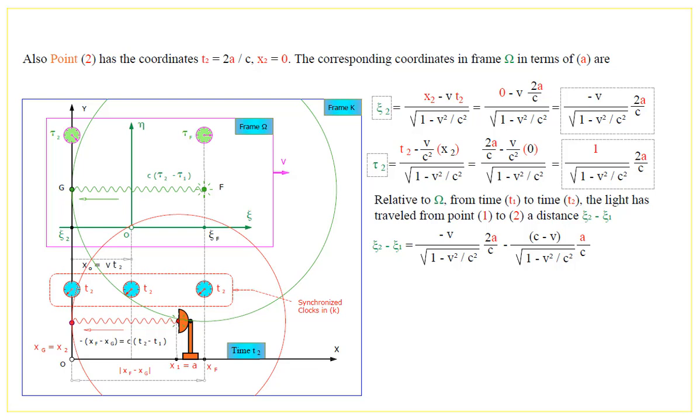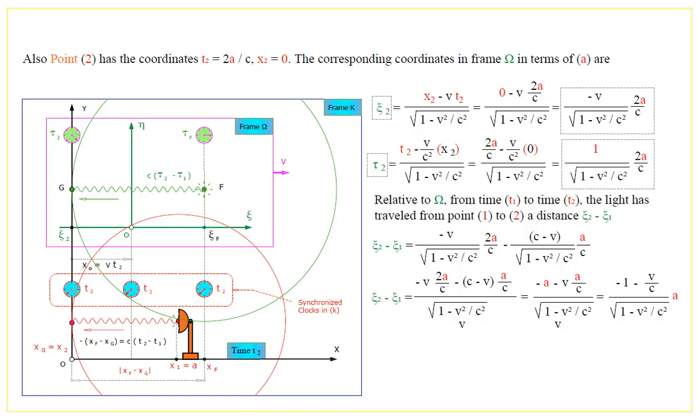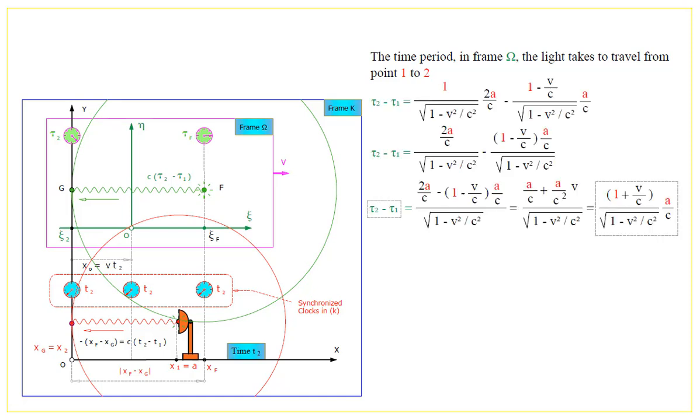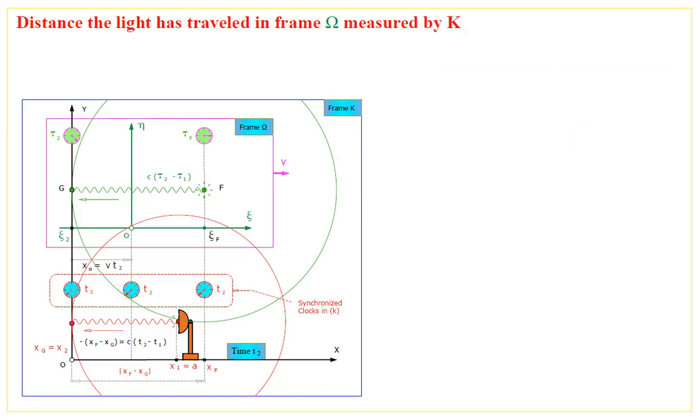Relative to omega, from time t1 to time t2, the light has traveled from point 1 to 2, a distance l2 minus l1. The time period, in frame omega, the light takes to travel from point 1 to 2. Distance the light has traveled in frame omega measured by k.